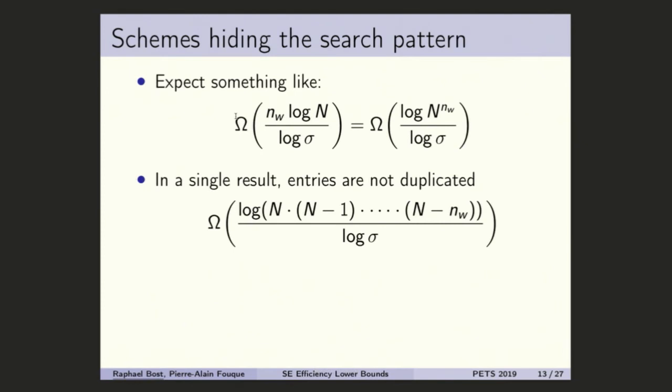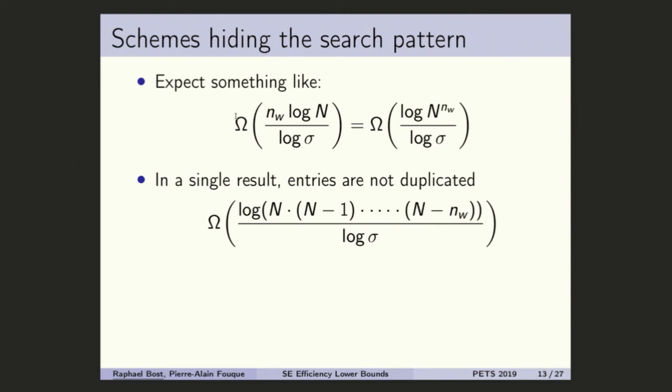The point is that we know that when we do a search, the entries are not duplicated. So if you access one entry during one epoch, like during one execution of a single search, there is no point in hiding that you're accessing different entries or not. So you don't have to pay the full ORAM price for every entry you access during a single search.